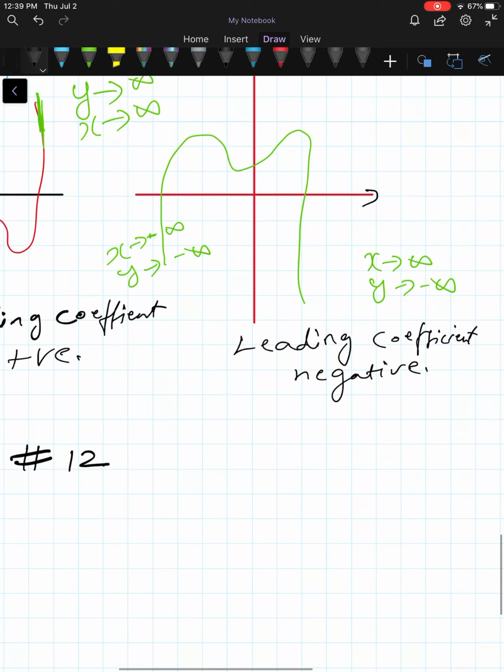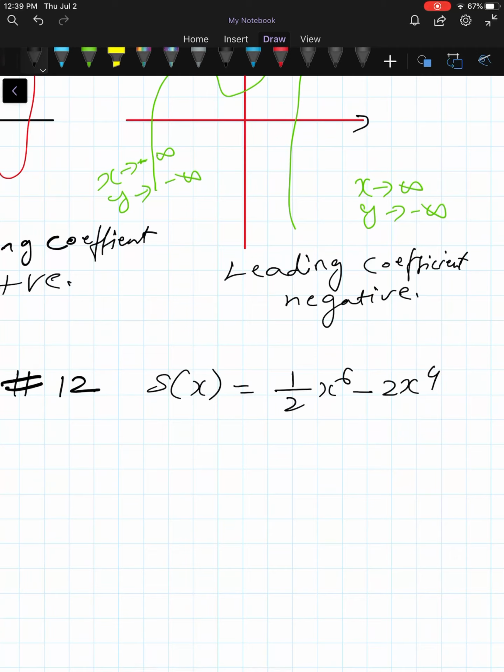You have graphs below, so you can match it after you plot it or judge the end behavior. S of x is half x to the power of 6 minus 2x to the power of 4. So which is the leading coefficient here? 1 over 2 is the leading coefficient and 1 over 2 is positive.